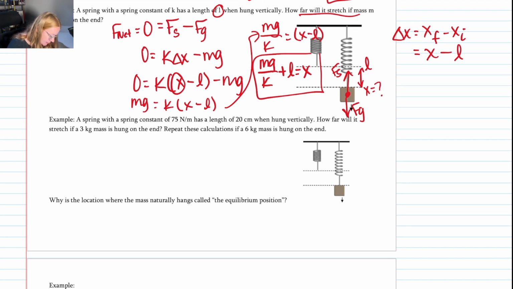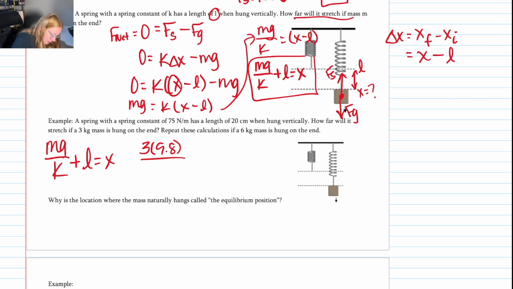Okay, it looks like the next example is actually the same scenario, but it gave me numbers this time. And so I can actually just use the formula I just found and plug in actual numbers. So let's find the mass. The mass is 3 times 9.8. The spring constant for this spring is 75 newtons per meter.